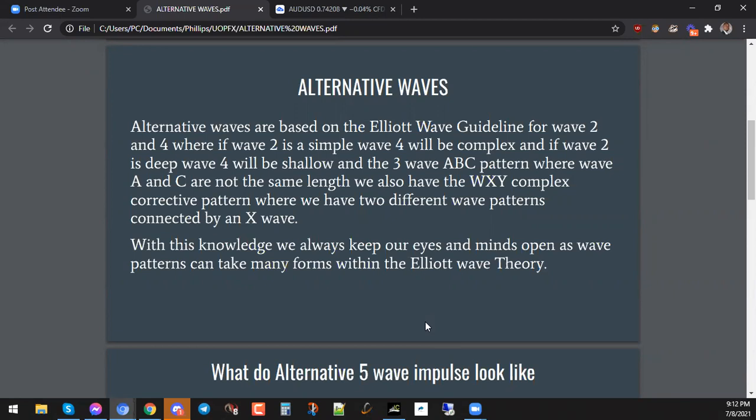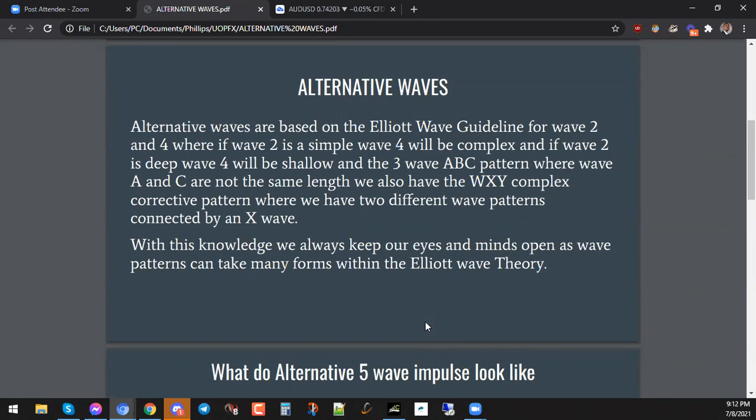Now, with us having this knowledge, we also want to keep our eyes and minds open, as wave patterns can take on many forms in the Elliott wave theory. Some of us may want to stick to how Ralph Nelson Elliott describes wave patterns. For example, he would say that you can get a 3-3-5, but there can also be a 5-3-3.